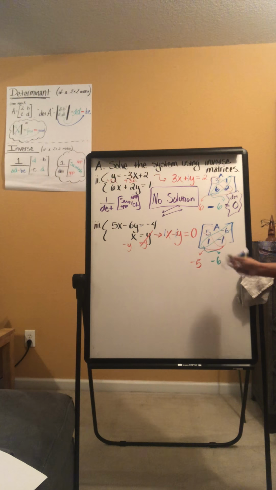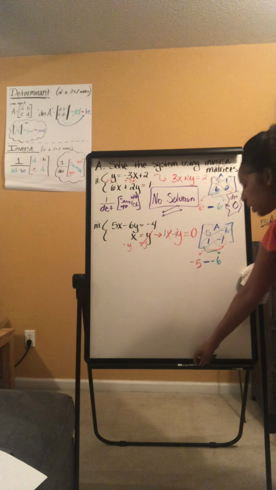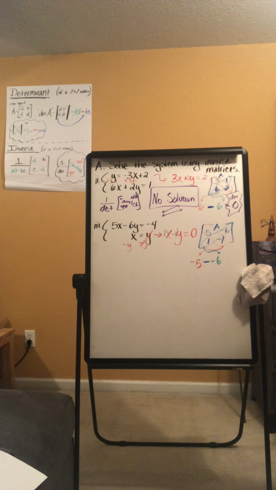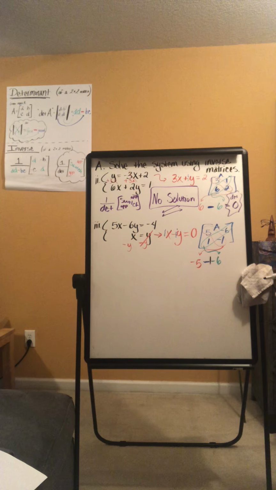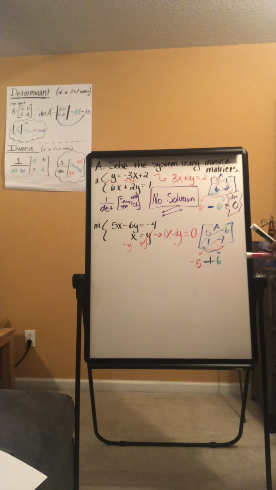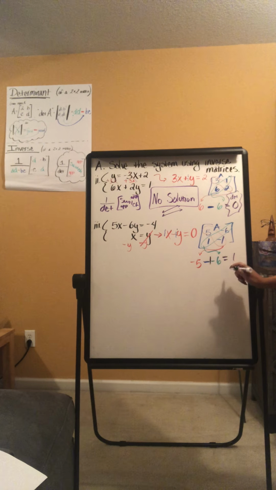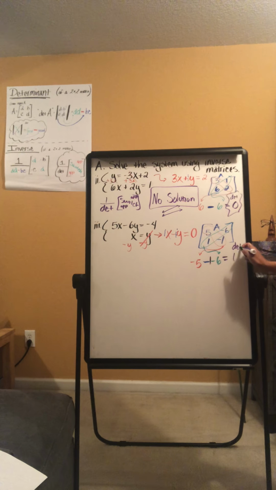But I must remember, I'm always supposed to subtract these two. And when I end up subtracting a negative, that's actually going to be a plus. So what is negative 5 plus 6? Negative 5 plus 6 is just 1. So my determinant is 1.